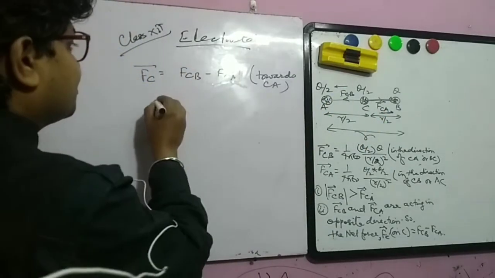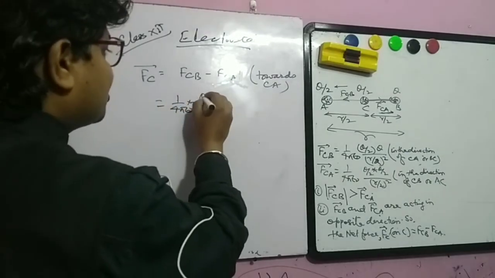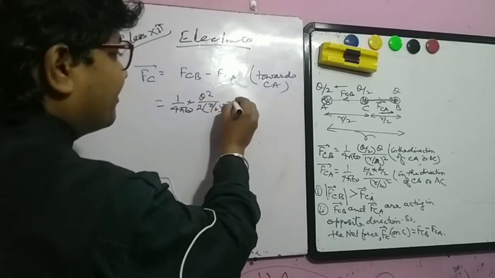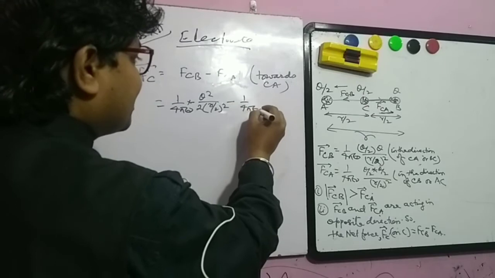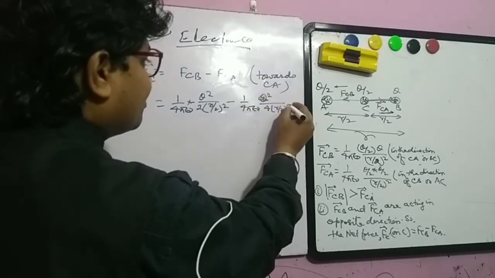Okay, now FCB is 1 upon 4 pi epsilon naught, q square by 2, and r by 2 whole square, minus 1 upon 4 pi epsilon naught, q square by 4, and r by 2 whole square.